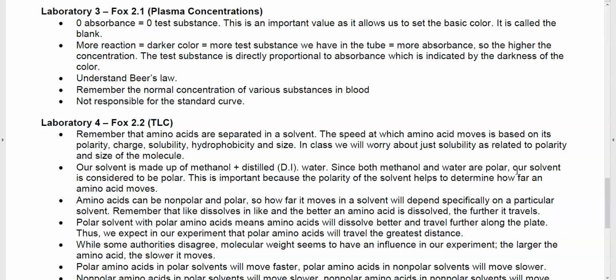In 2.1a, b, and c, right before the next section starts, there's a little box that says normal glucose is 70 to 100 milligrams per deciliter, as an example. So make sure you can determine whether it's normal or not. And I'm not going to make you responsible for the standard curve, so don't worry about it. I didn't ask anything about it.